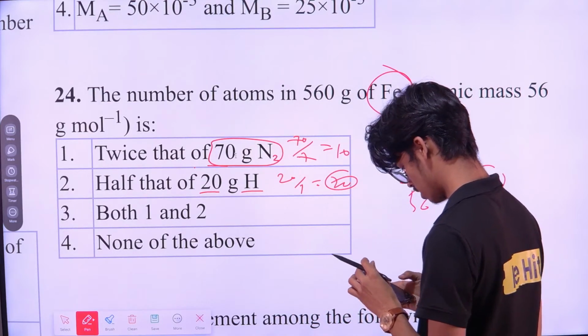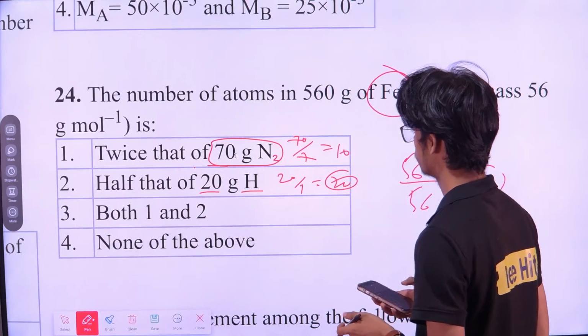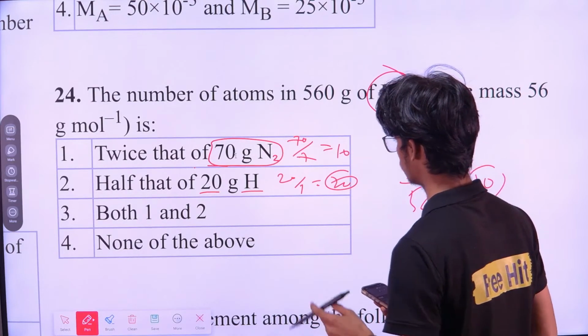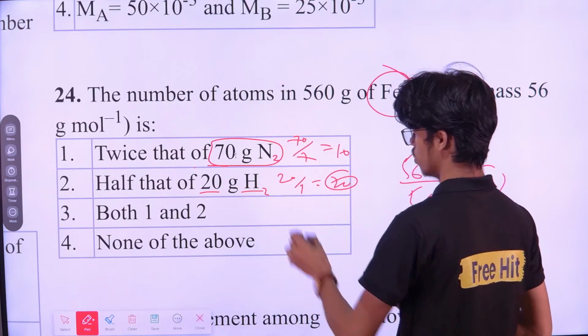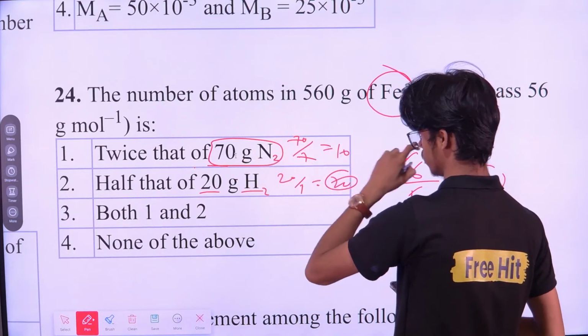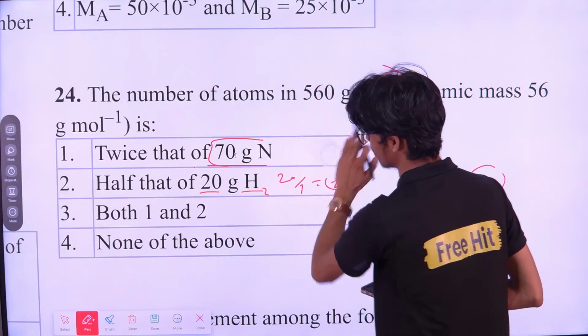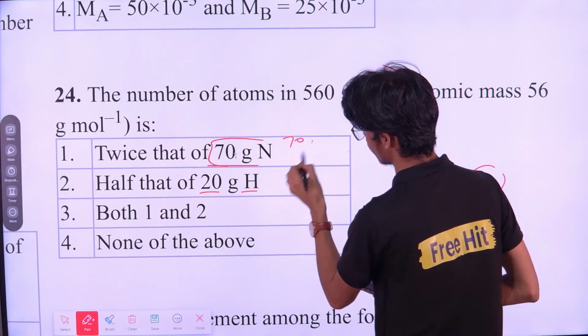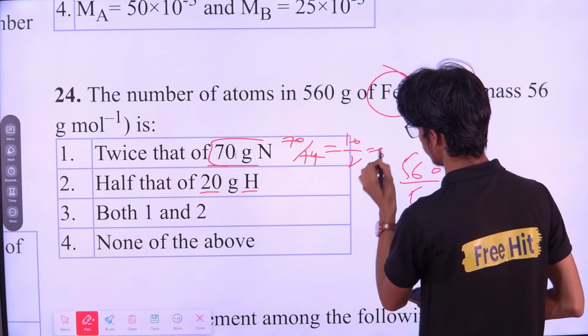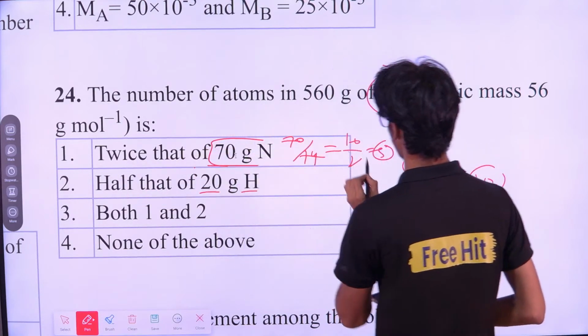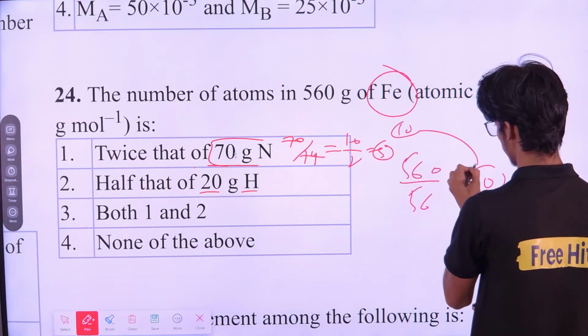Because N can't exist by itself. See, there is some typo error, I guess. If we take it as N2, that's how they exist. So 70 divided by, oh sorry, I am doing wrong. 70 divided by 14, okay. So we cancel this up and this is 10, this is 2 and this is 5. So twice that of 5 moles, it means 10 moles and we are right, 10 moles, okay, good.